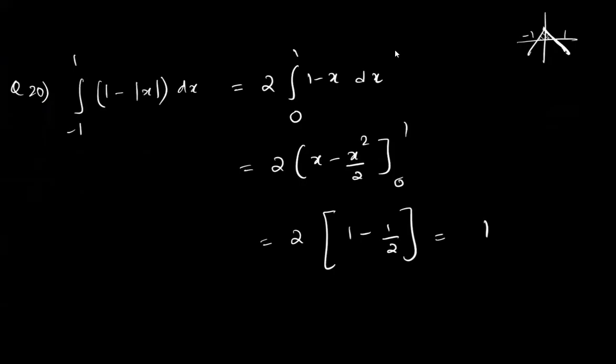We can check that with geometry also. So what do we have? Half base times height, I'm just evaluating 0 to 1 now, just to show you. So half base is 1, height is also 1, right? So 1 half is the area of this triangle, 1 half is the area of this triangle, and together the total area is 1.